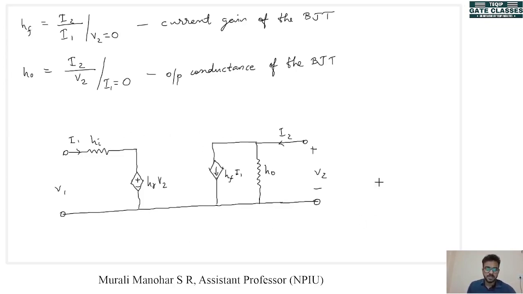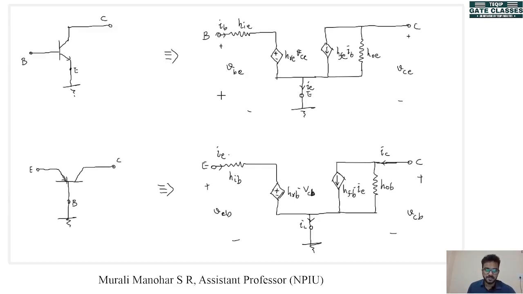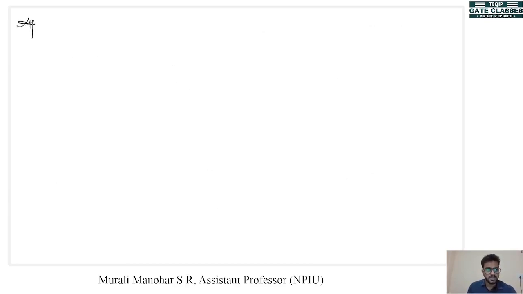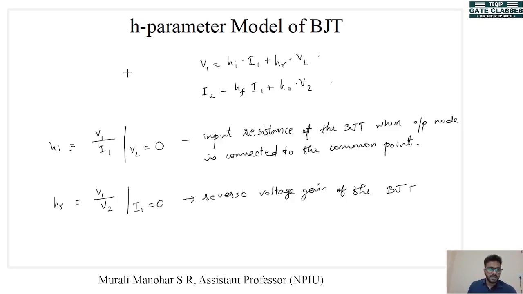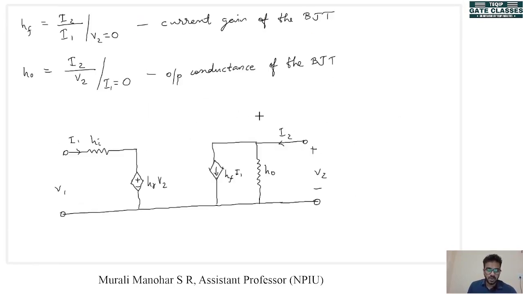Now we can make some approximations here, and those approximations are: HR in BJT is normally a very small value. So HR is approximately equal to 0. Now if you look at HO, the value of HO is I2 by V2.